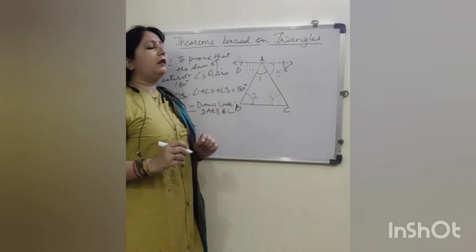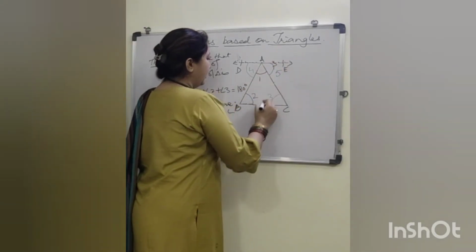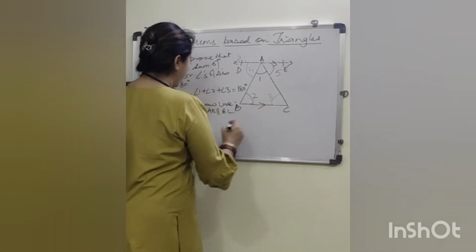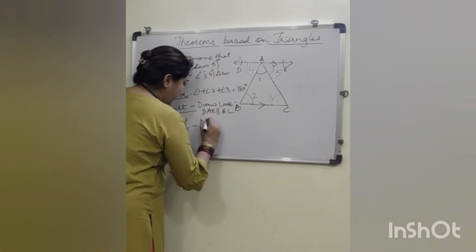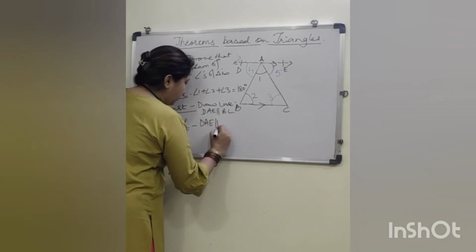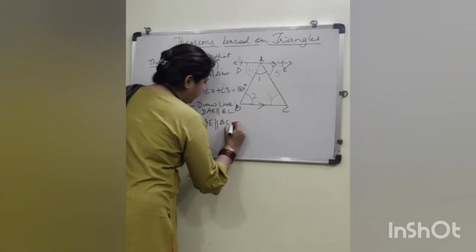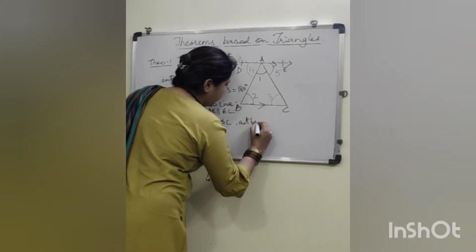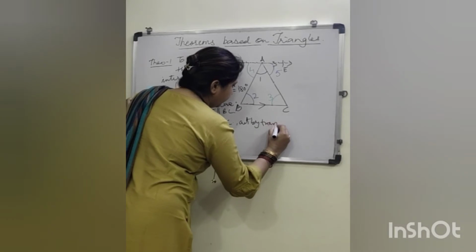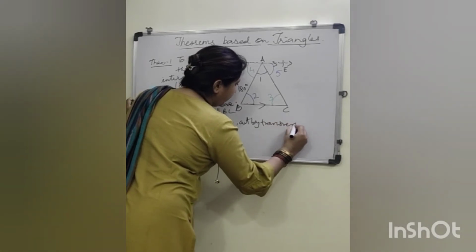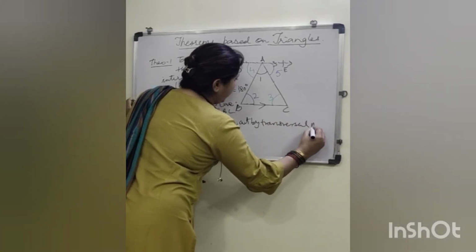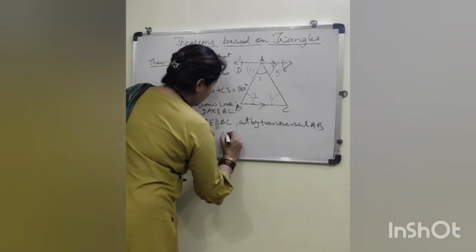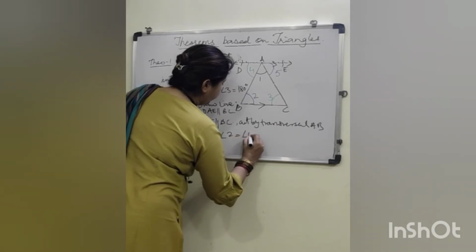If you recall the parallel lines, then you can see DAE is parallel to BC, cut by transversal AB, therefore angle 2 is equals to angle 4.